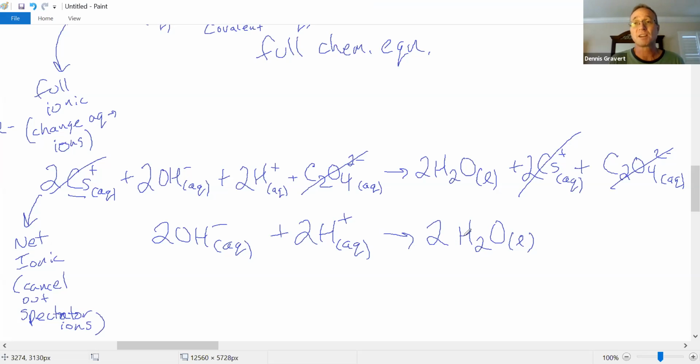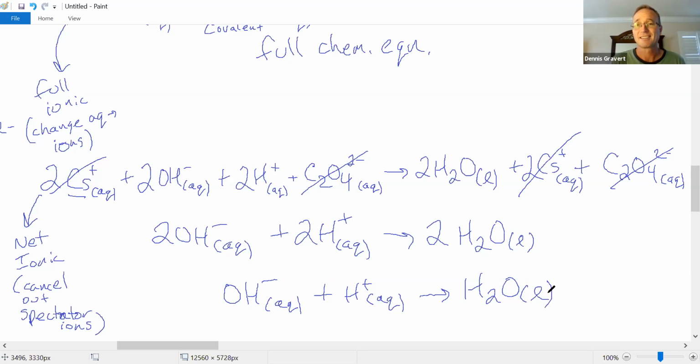But usually our balanced equations are in their lowest forms. 2 OH minuses plus 2 H pluses make 2 waters. We just write OH minus plus H plus makes 1 water, right? So divide the whole thing by 2, and then you get full credit.